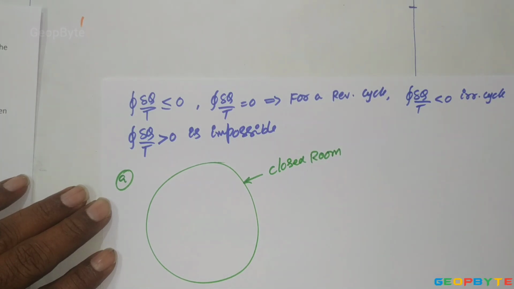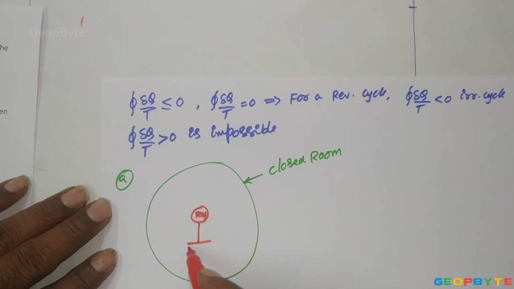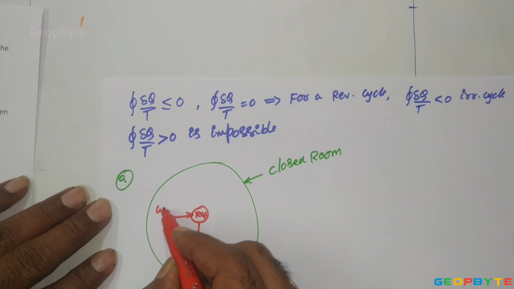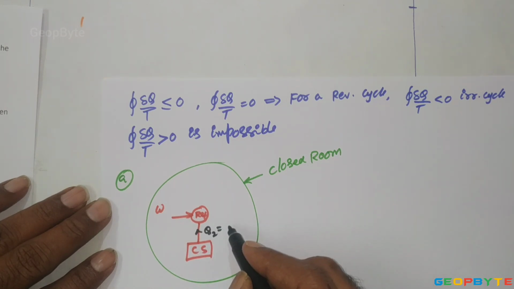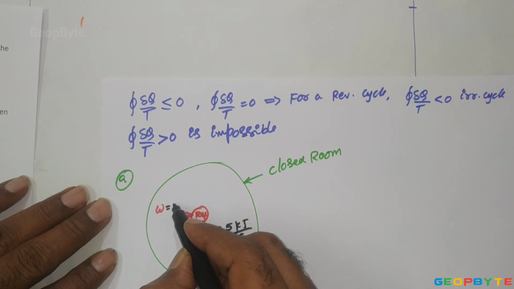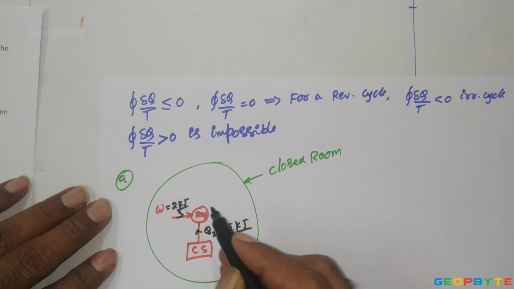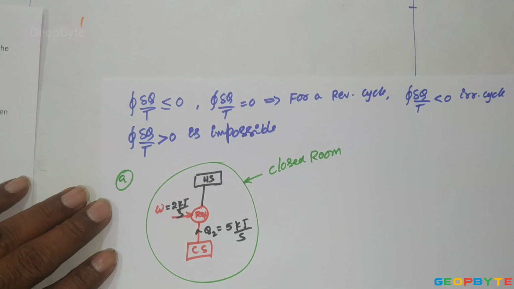In this closed room, a refrigerator is arranged. This refrigerator is taking heat from the cold source by consuming work energy. Assume the heat taken from the cold source Q2 equals 5 kilojoules per second, and work received by the refrigerator, let it be 2 kilojoules per second, and it is dumping the heat to the hot source or surroundings.